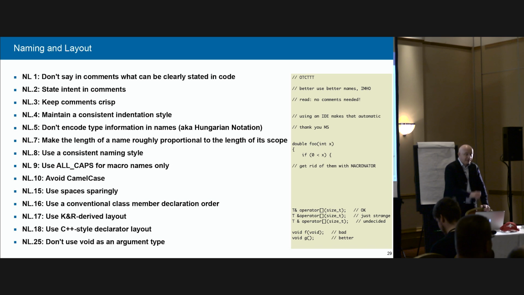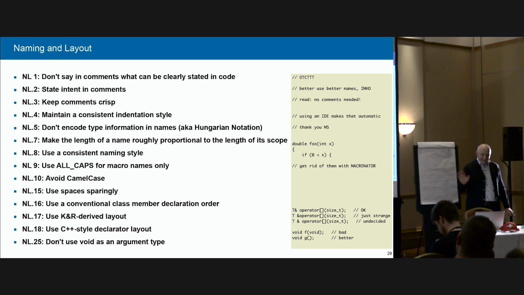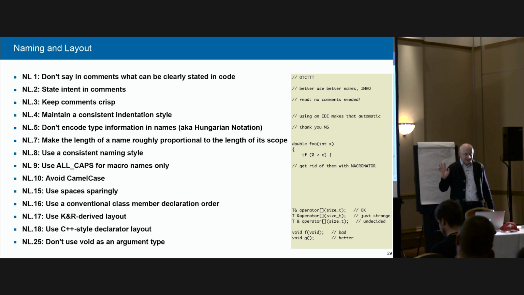Sure, unless it's a very local thing, but very often you can even say that with a good name. That is correct, yes. And the thing is, only the code tells the truth, because that's what the compiler actually compiles. The comments aren't compiled, they're just ignored.